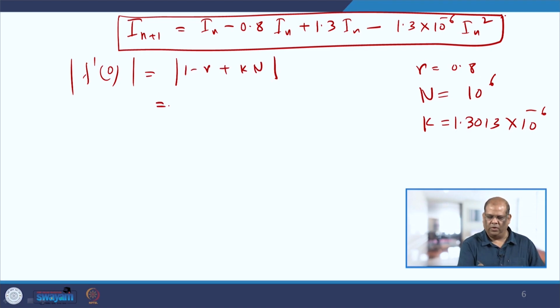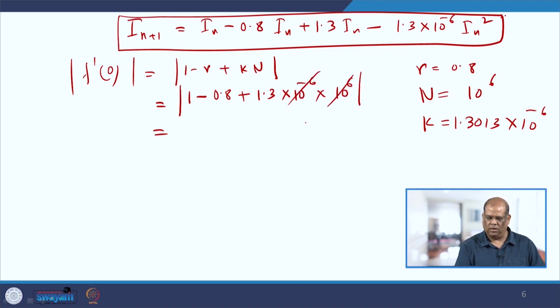If I substitute these values, I get 1 minus 0.8 plus approximately 1.3 into 10 to the power minus 6, and n is 10 to the power 6.